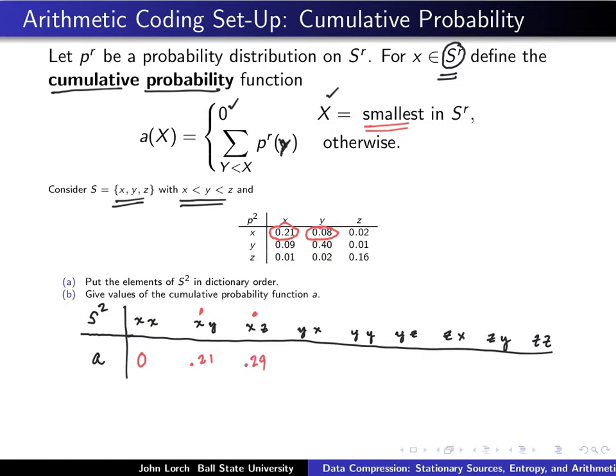And then I go to YX, and again, how do I find A of YX? Well, I'm going to add up the probabilities of all of the previous strings. So that's going to be XX, XY, and XZ. That would be 0.21 plus 0.08 plus 0.02, which is 0.31. So we continue along our way here, and we obtain these numbers for this cumulative probability function.